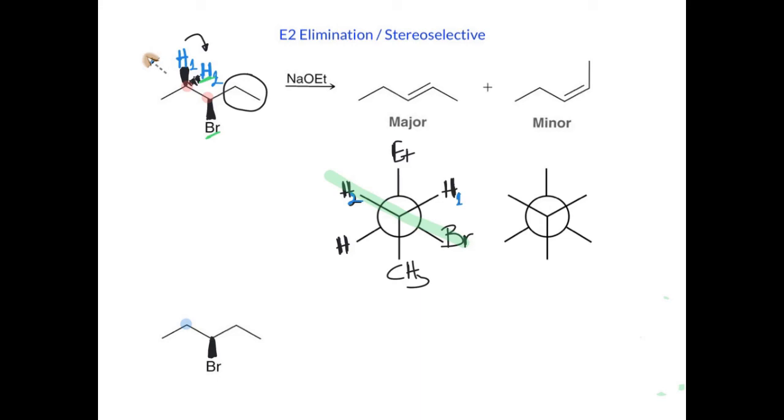To bring now H1 in the position of H2, I simply need to rotate the front carbon. So I'm going to rotate this counterclockwise. In that case, H1 will come here, H2 will come on the bottom, methyl group up to the right, while the back carbon will remain stationary.